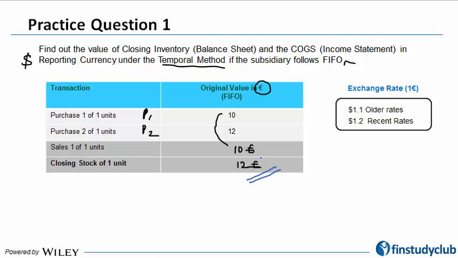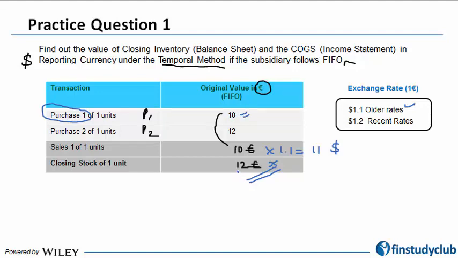Now the point is, what is the rate at which this 10 should be remeasured? I'm talking about the temporal method, so I'll have to be very specific about my terminology. This 10 will have to be historically tagged. It belongs to the earlier time period, it is purchase 1, so I'm going to take the older rate, the rate prevailing at the time when the prices were taken.